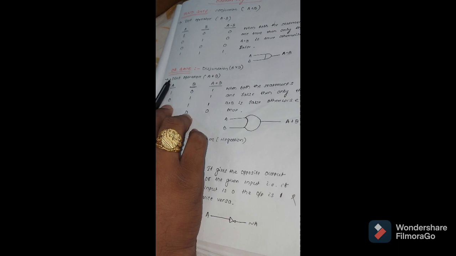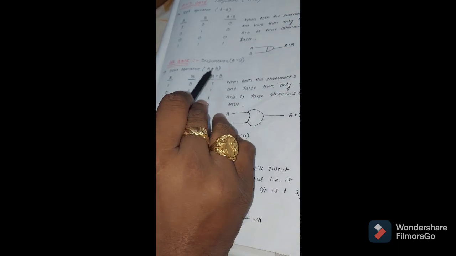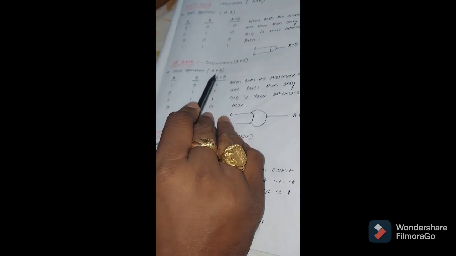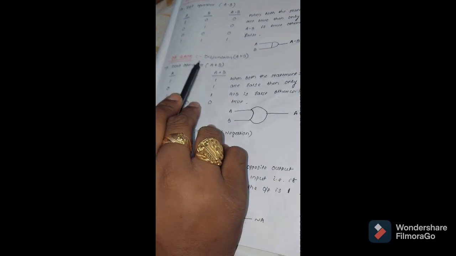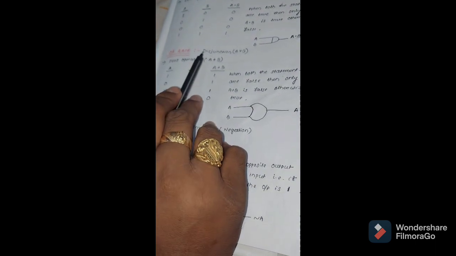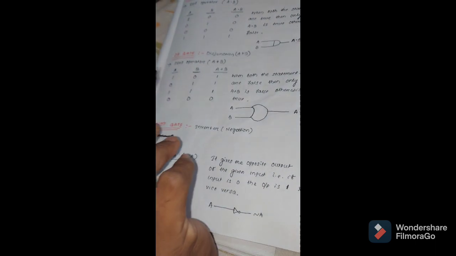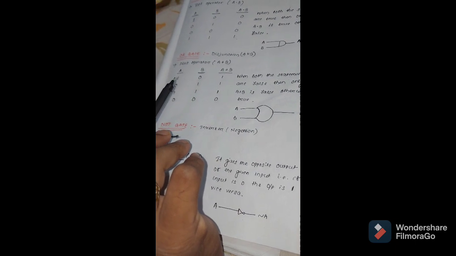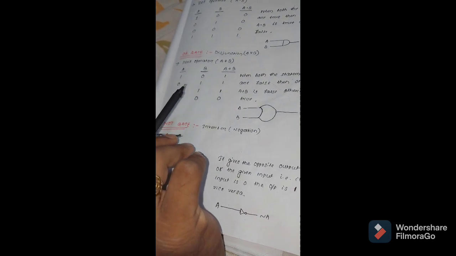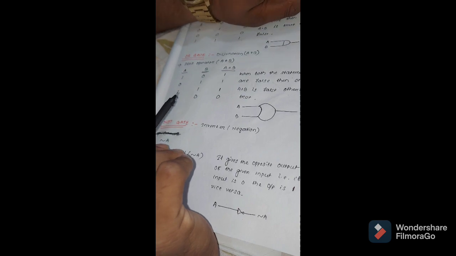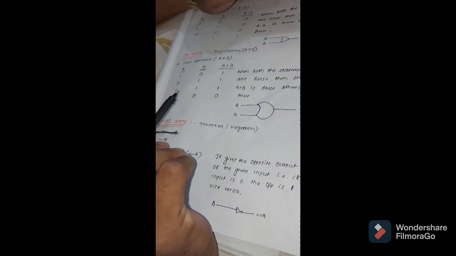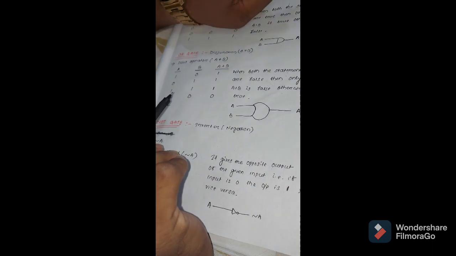Similarly, the OR gate, which is known as the disjunction, is denoted as the plus operator. This is just the vice versa of the AND gate. In the AND gate, only when both the statements are true is the answer true. So the negation of that means only when both the statements are false is the answer false.